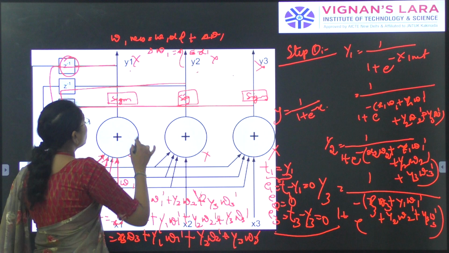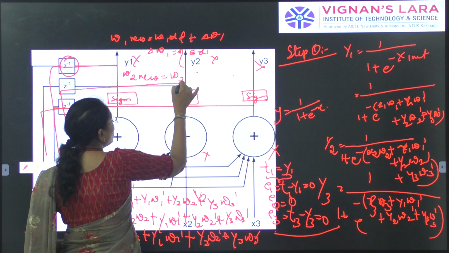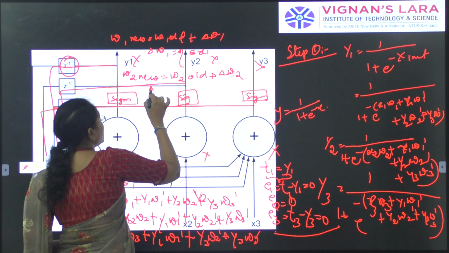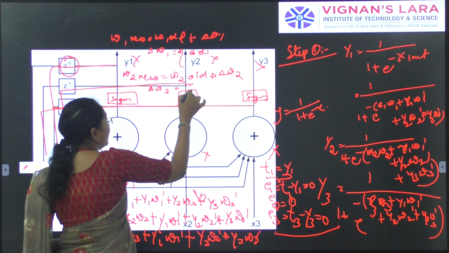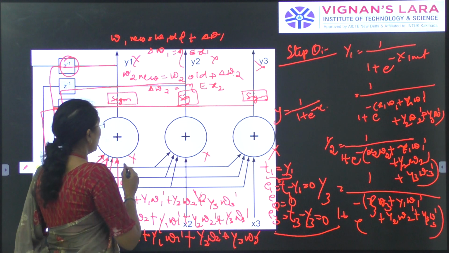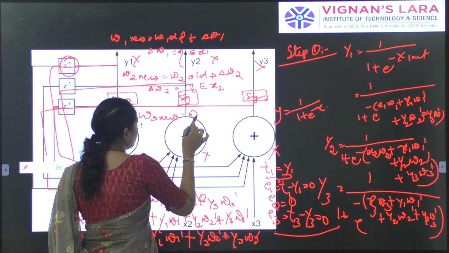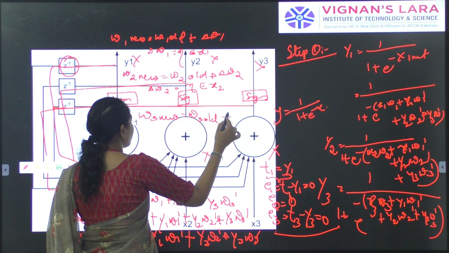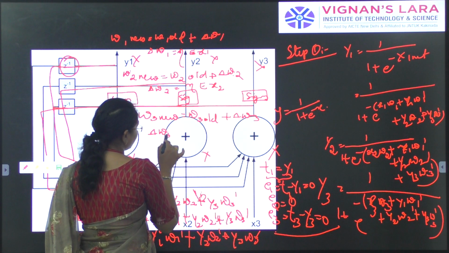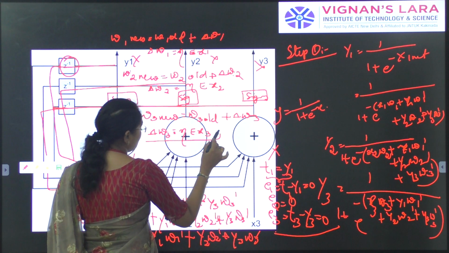In the same way you need to change W2 new: W2 old plus delta W2. What is delta W2? Eta into error into x2. The same way you need to find W3 new: W3 old plus delta W3. What is delta W3? Eta into error into x3.